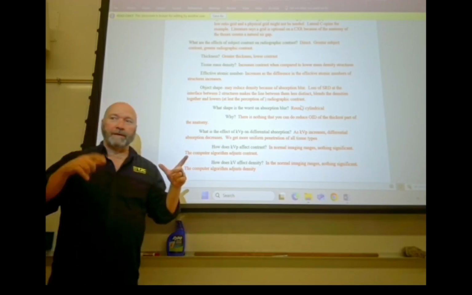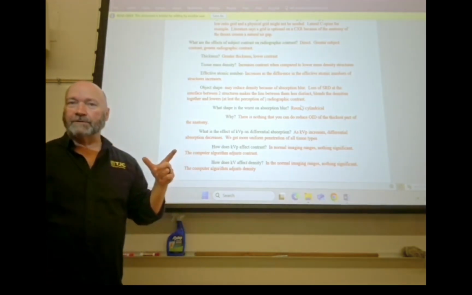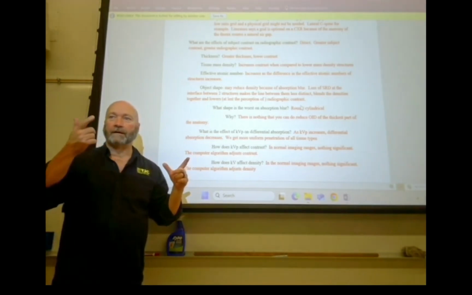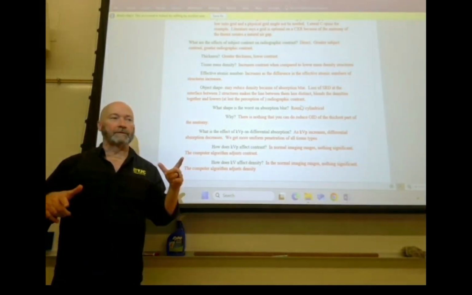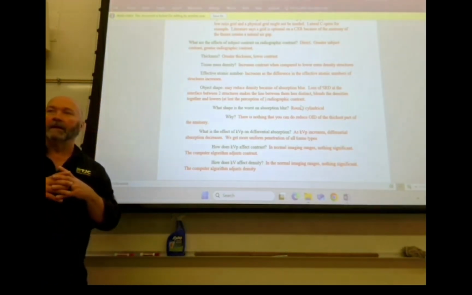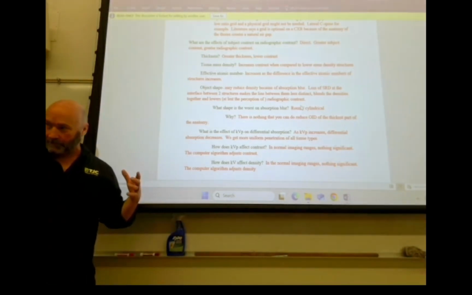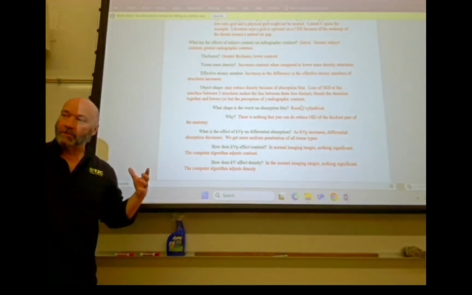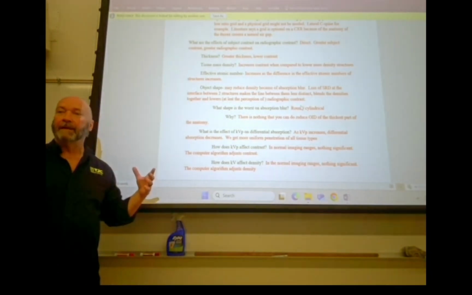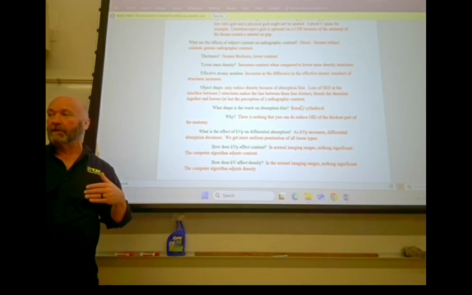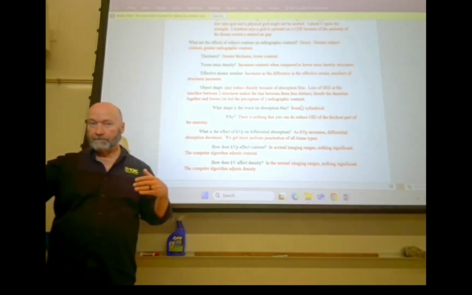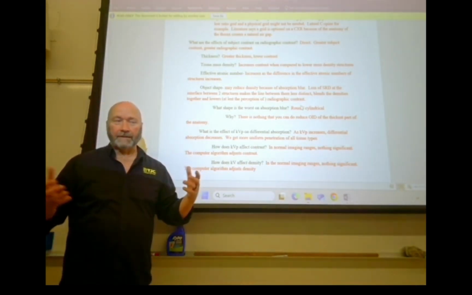Then we get into shades of gray, and shades of gray are kind of backwards from all that. If we have low contrast, that means we've got a lot of shades of gray. So we lost the humerus, and it became, instead of a high contrast, a low contrast subject density.